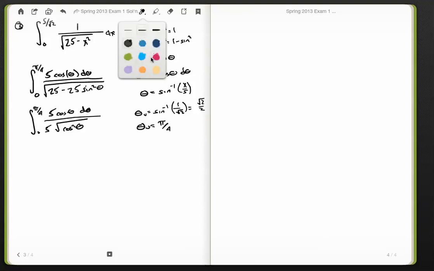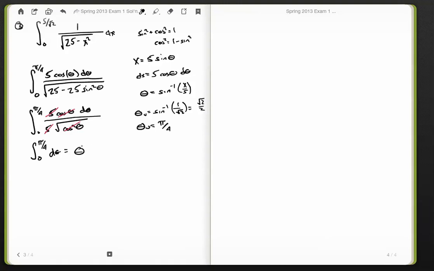So this cancels out, and the cosine theta over the square root of cosine squared cancels out. So I'm really left with just the integral from 0 to pi by 4 of d theta, which equals theta from 0 to pi over 4, and that just equals pi over 4.